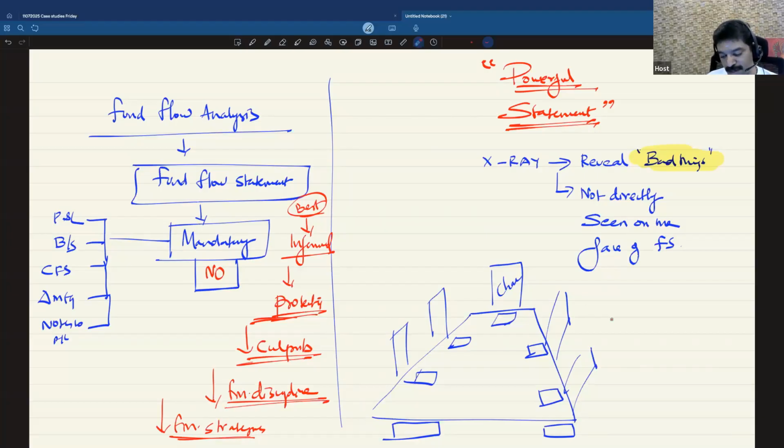For us it can be a technical statement with a lot of technicalities, but the decision makers are looking at the fund flow statement and catching what we were unable to understand. They use that analysis for taking a decision, either sanction or reject. How powerful it is, right? That's the real purpose of fund flow statement and fund flow analysis.